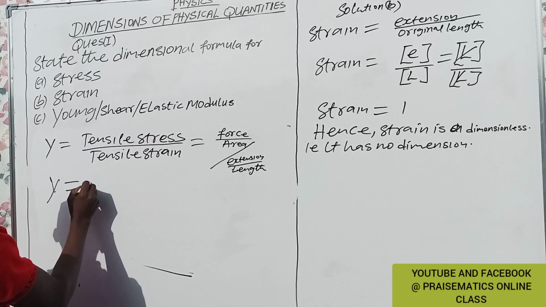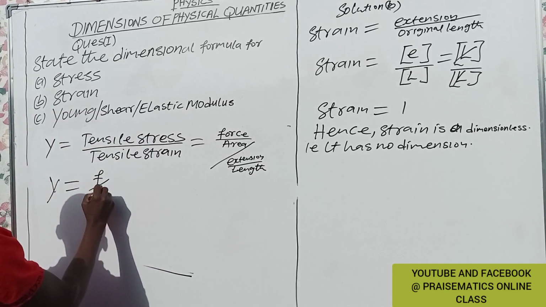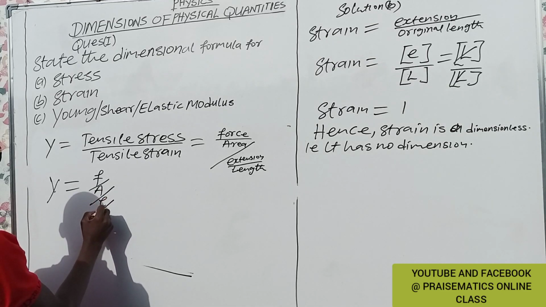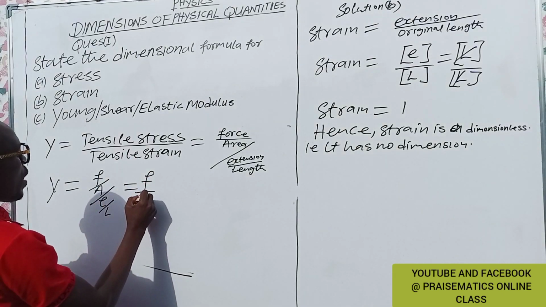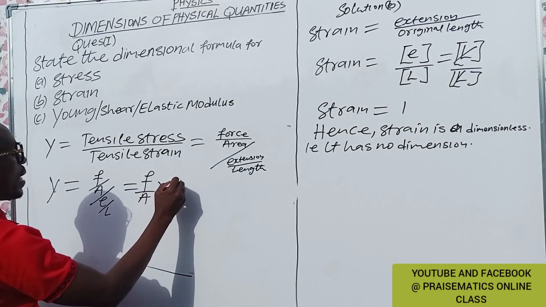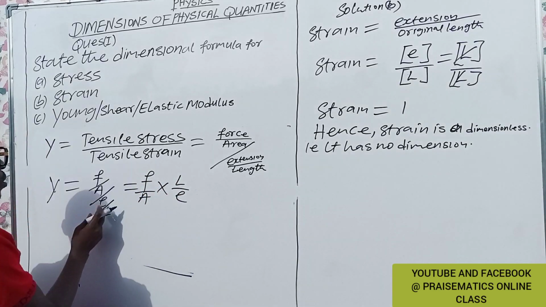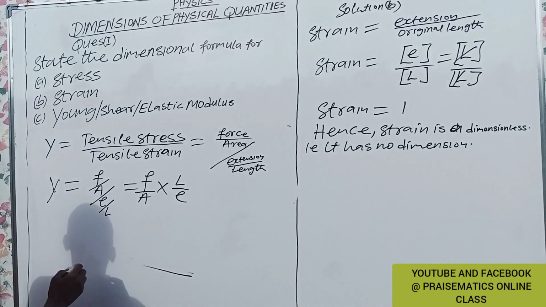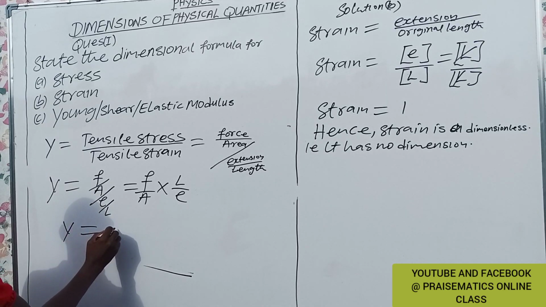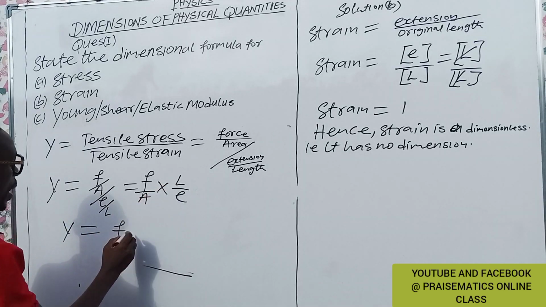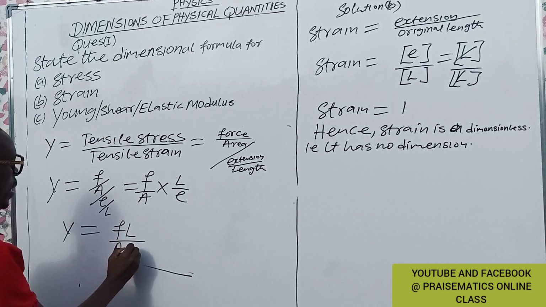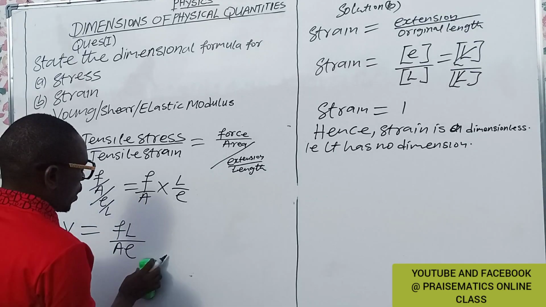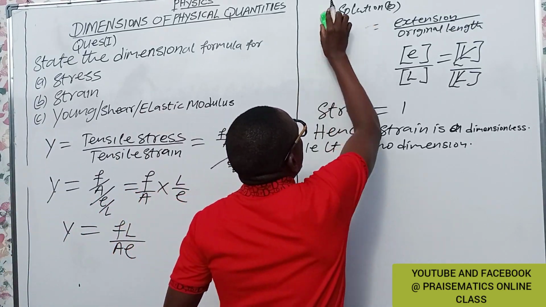Mathematically, Young modulus is F over A divided by extension over L, which if you turn it upside down, we have F over A multiplied by length over extension. This is the rule of multiplication. That will give us that Young modulus is equal to F multiplied by L, which is FL, all over A times extension.